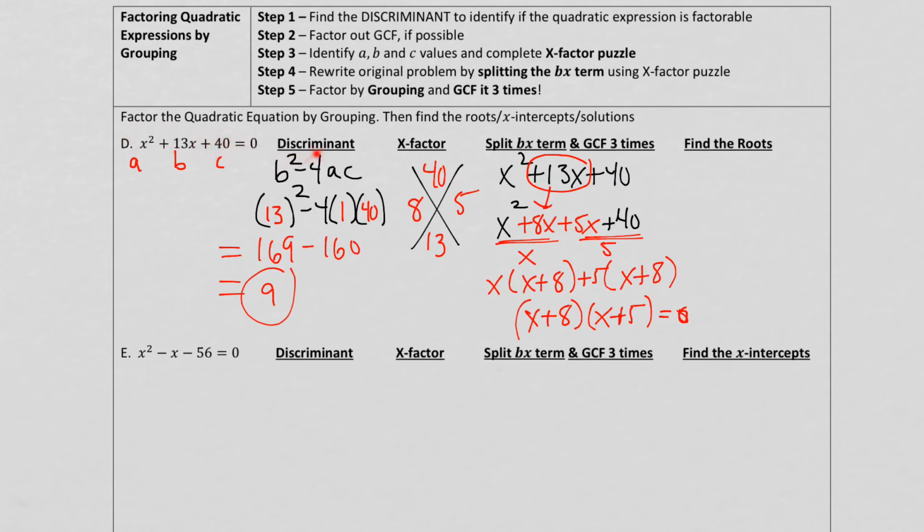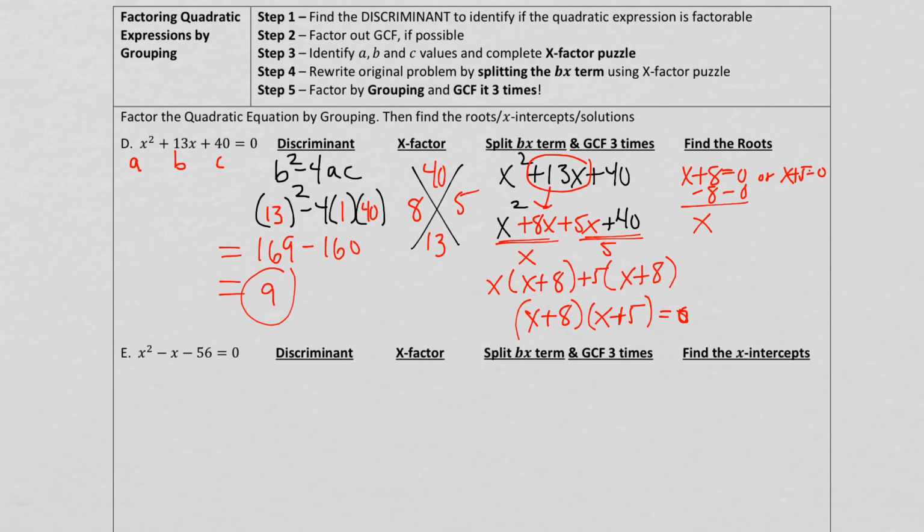Again, I found the discriminant first because it was a 9, and it's a perfect square. I knew for a fact that I could then factor this quadratic. Now, once I have the factors, to find the roots, take each factor and set it equal to 0. So I can say x plus 8 equals 0, or x plus 5 equals 0, and I can solve.